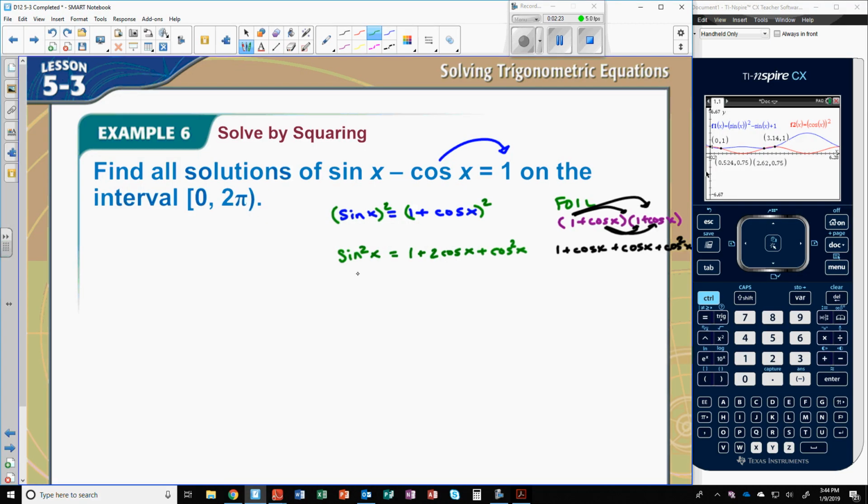The Pythagorean identity is that sine squared theta plus cosine squared theta equals 1. That means that sine squared by itself, sine squared theta, is equal to 1 minus cosine squared theta. So that's what I'm going to substitute here. So I'm going to do the Pythagorean and say that sine squared is going to become 1 minus cosine squared x.